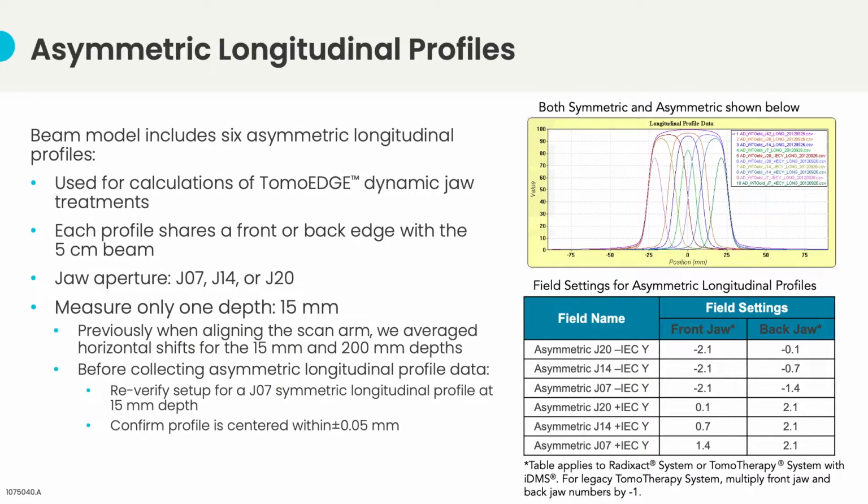For that, we will verify our setup at depth 15 and correct for any offset. The reason we do that is we have a slightly tighter positional tolerance for our asymmetric profiles, as the profiles are off axis.